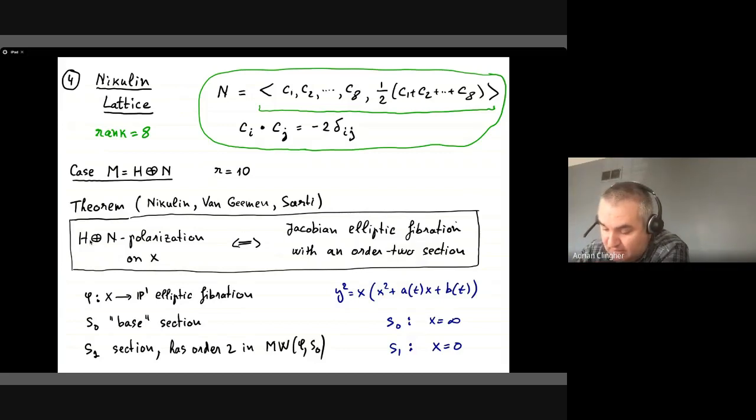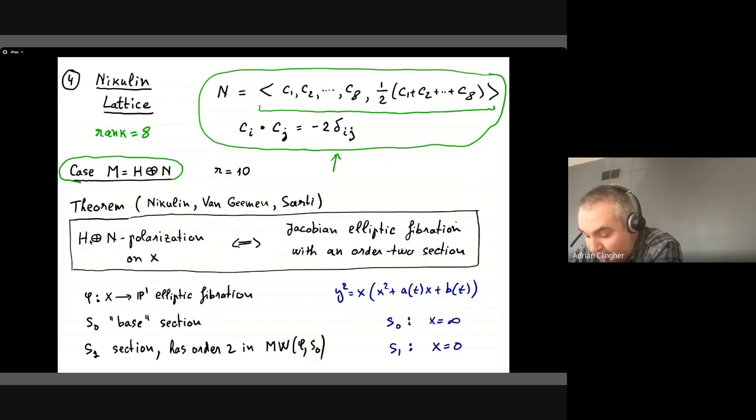Let's consider the case when I want to choose my polarizing lattice for a K3 surface to be the hyperbolic piece, 0, 1, 1, 0 of rank 2, direct sum with this Nikulin lattice. Then one has the following theorem that is due essentially to Nikulin, but appears quite nicely put into a paper by van Geemen and Sarti.